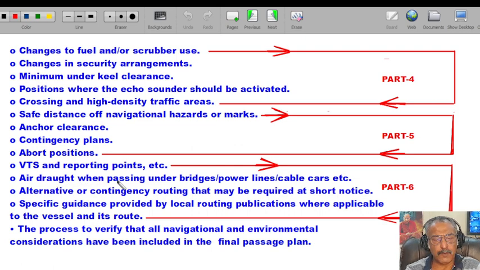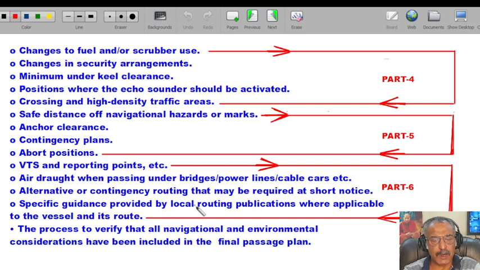Air drafts when passing under bridges, power cables, cable cars, etc. Alternative contingency routing that may be required at short notice. That is, in case you have any deviation, or for some reason the vessel has to deviate from our original track, what all things to be done, we'll talk about in part 6.